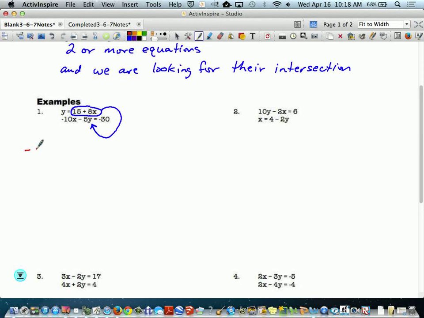So it's going to look like negative 10x minus 5. Now instead of writing y, that's where I'm going to write the 15 plus 8x equals negative 30. So again, this is a substitution method. Eventually, you guys will pick the method that you're best at using.